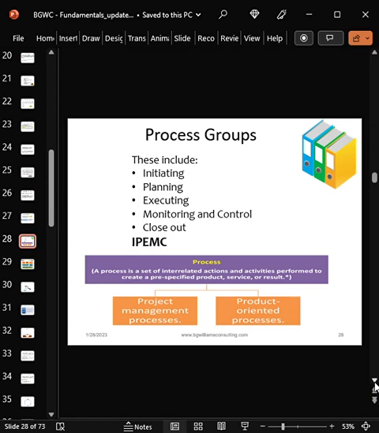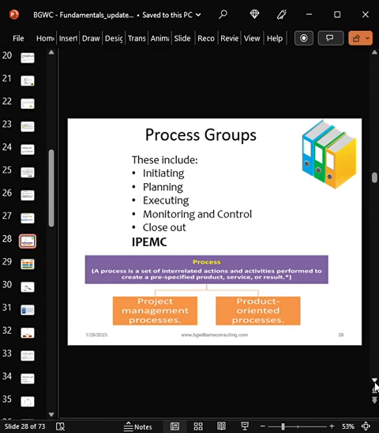Example, you ask yourself, okay, this project now, what do I need to do to start the project? That is initiating. So the project management processes that PMI has brought to us are that we look at, if I want to start this project, what did PMI recommend are the project management processes that I must follow in order to start a project?